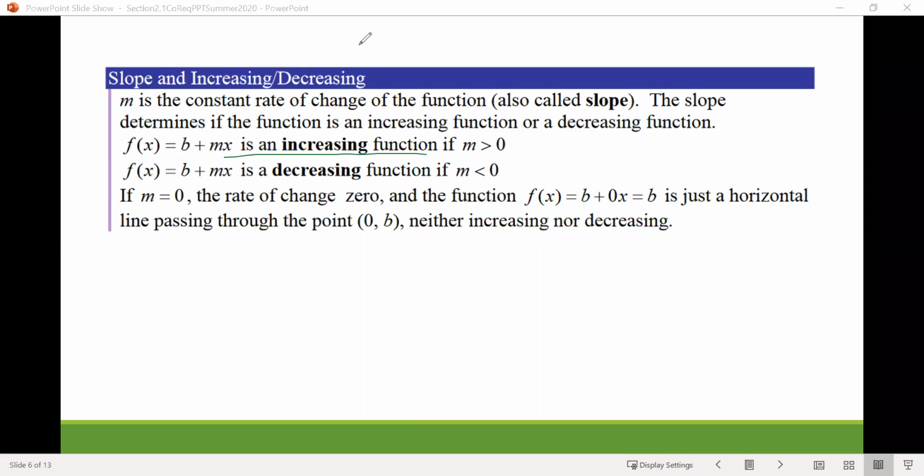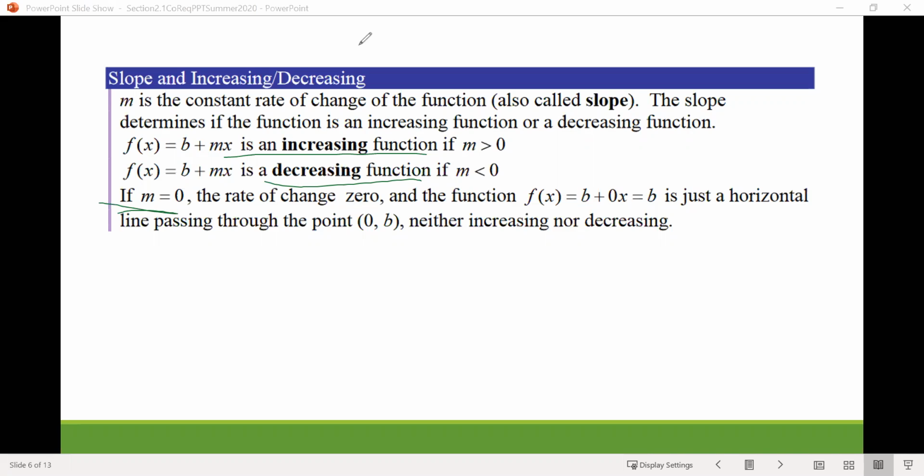Because if you think about the example we just did with the rate of rides, when the value for m was positive 0.5, then the cost of the ride went up over time, which makes sense because the further you get driven, probably the more you would pay. The function is decreasing if the value for m is less than 0. So the example we saw like that was the Nissan Versa one, where the rate of change was negative 2,000. So the value of the car was going down over time.